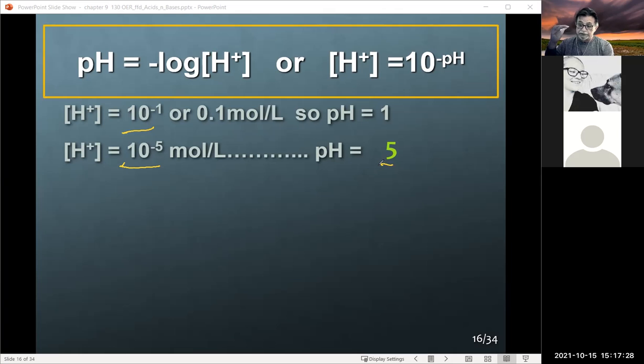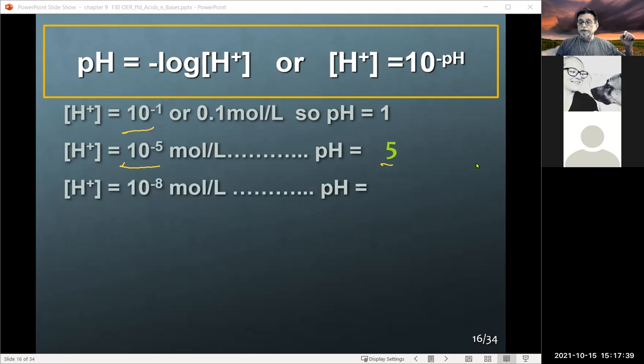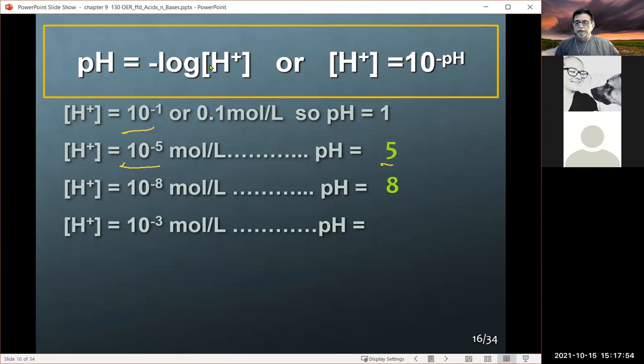So the acid concentration goes down while the pH value goes up. 10 to the negative 8, it's inferred here as 1 times 10 to the negative 8. That's simply a pH of 8. Again, look how much the concentration has decreased, 10 to the negative 8, compared to the first one, 10 to the negative 1.